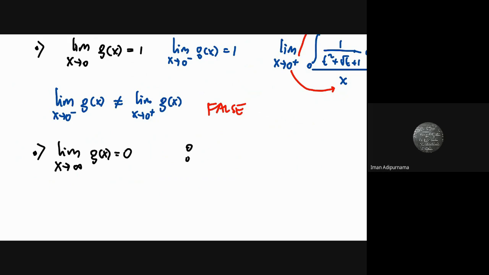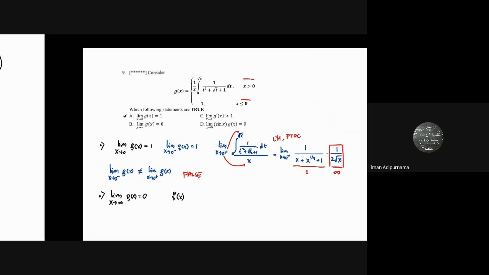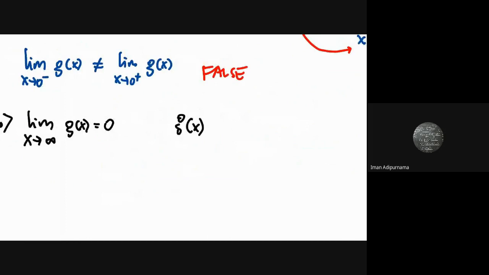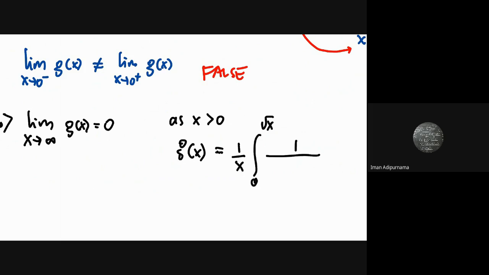We take the positive one for g(x). Let me write here. As x is positive, g(x) will be 1 over x.